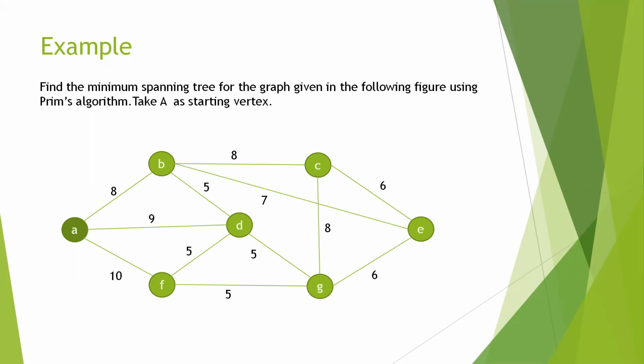Now in this example, we have to find out the minimum spanning tree of the graph given in the following figure using Prim's algorithm, and take A as a starting vertex.